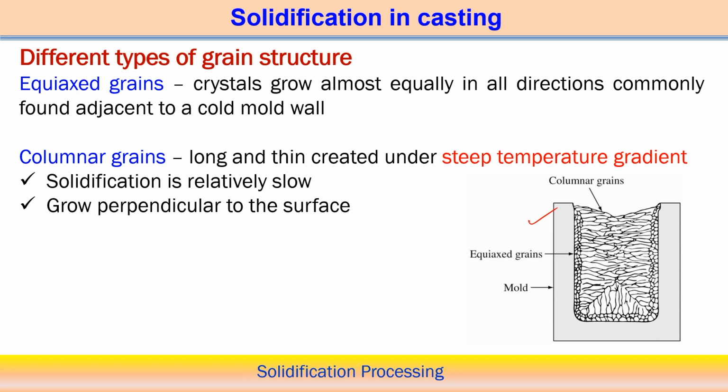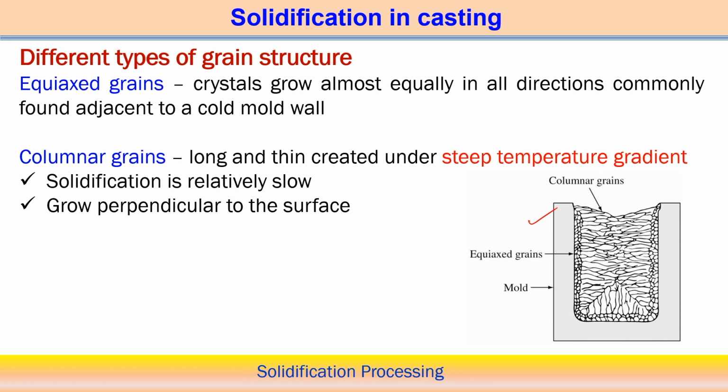After that, grain growth occurs in a particular direction. That is called columnar grains. They are long, elongated grains with one particular orientation, and they might extend up to the center point.